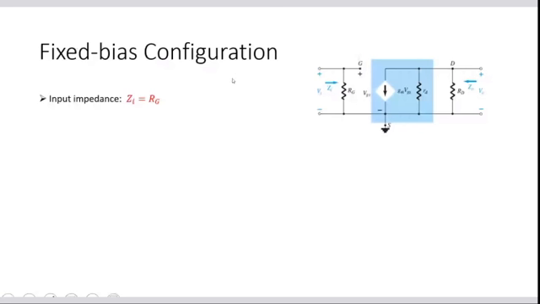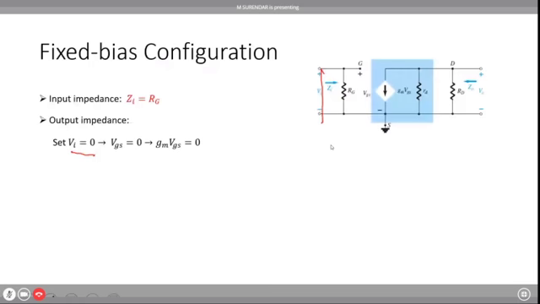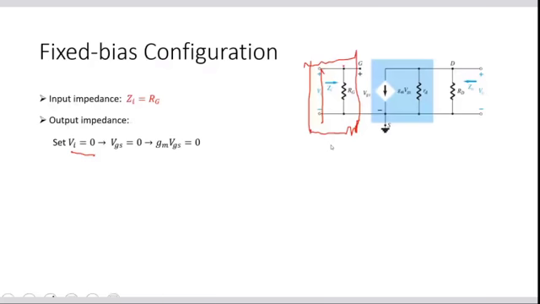For having the output impedance, the first point is to make Vi equal to 0. If we make Vi equal to 0, then this one will be short circuited, and this in turn will short circuit. If we replace this effectively with the resistor, then this will also be short circuited, and the voltage drop across this short circuit is 0 volt.